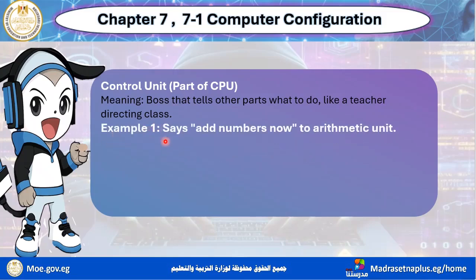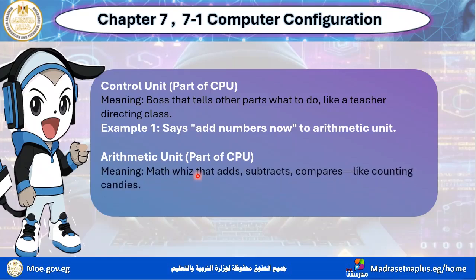For example, it says add numbers now to the arithmetic unit. An arithmetic unit is a part of the CPU, meaning math that adds, subtracts, compares, like counting candies, for example, counting numbers, doing mathematical things.